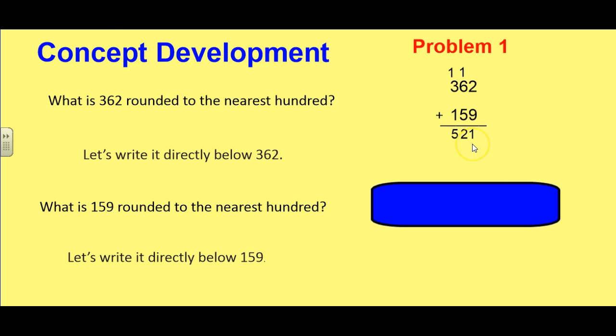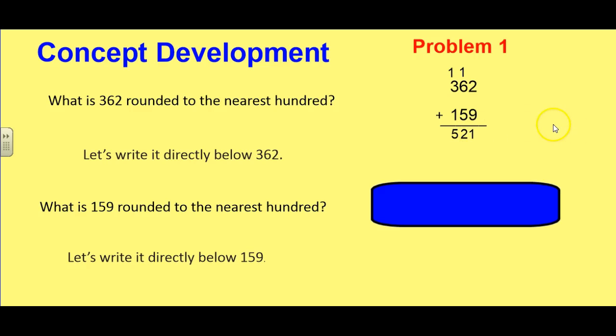Just by looking at 521, let's say we wanted to get that to the closest 100. If we're at 521, we know that's going to be between 500 and 600. So you'd have to ask yourself, is 521 closer to 500 or is it closer to 600? And we know that 521 is closer to 500.